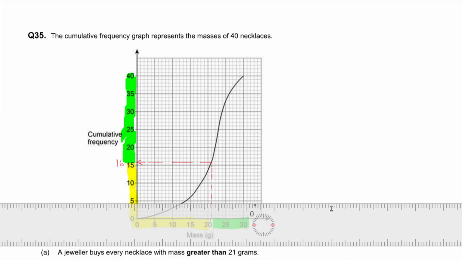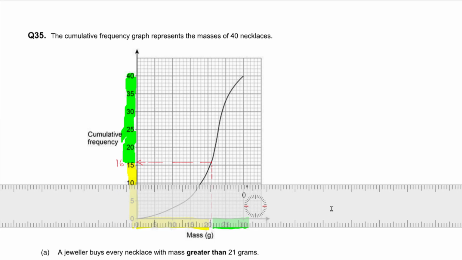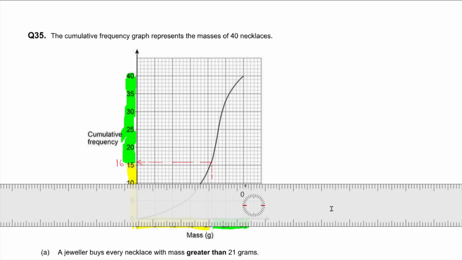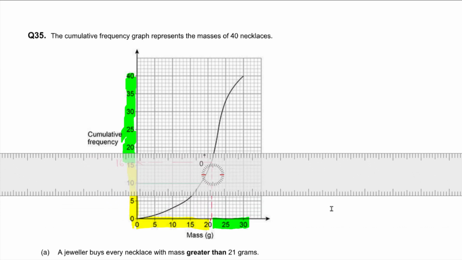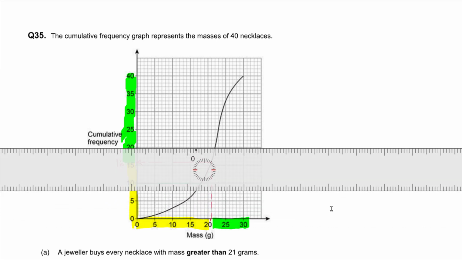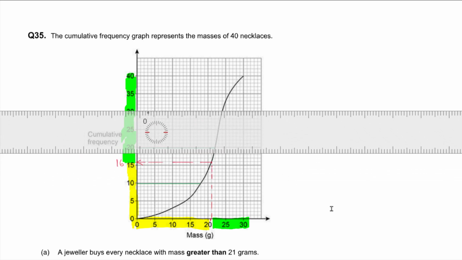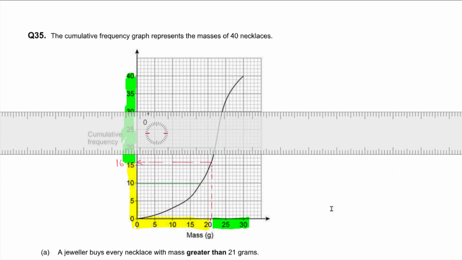So I'm going to take my number of values, 40. The lower quartile is going to be a quarter of the way through. That's going to be 40 divided by 4 is 10. So I'm going to have a line at 10. Okay, I'm going to have one halfway through for the median, Q2. And I'm going to have one 3/4 of the way through. That's going to be 30, isn't it? That's going to be Q3.